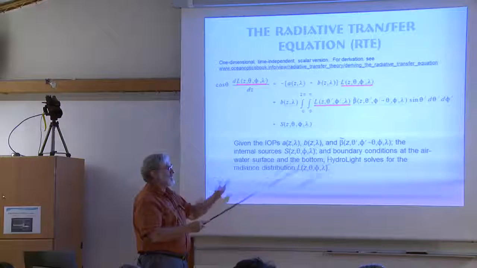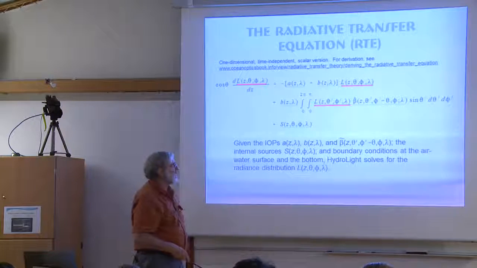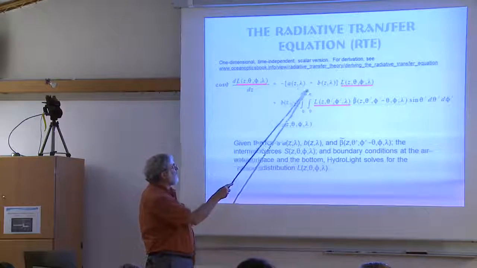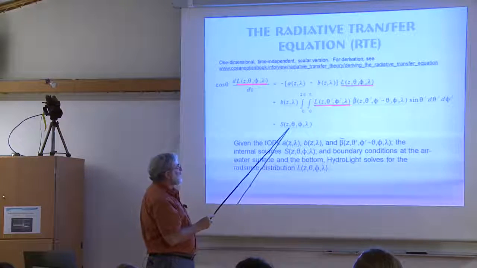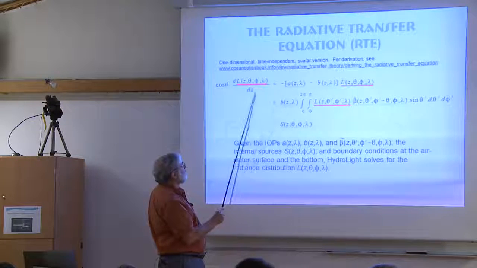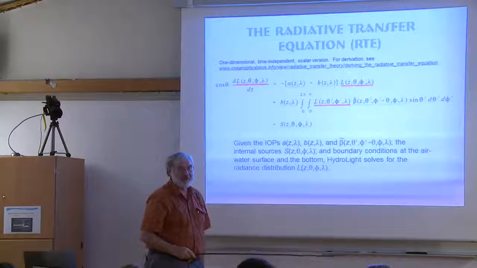And then you have to have some boundary conditions as well, and those are things like where the sun is. The game we're playing is we're going to put in the things that are underlined in green. So here's IOPs, and here's a source term. There's the phase function. And then we're going to solve this equation for the things that are underlined in red, which is the radiance.